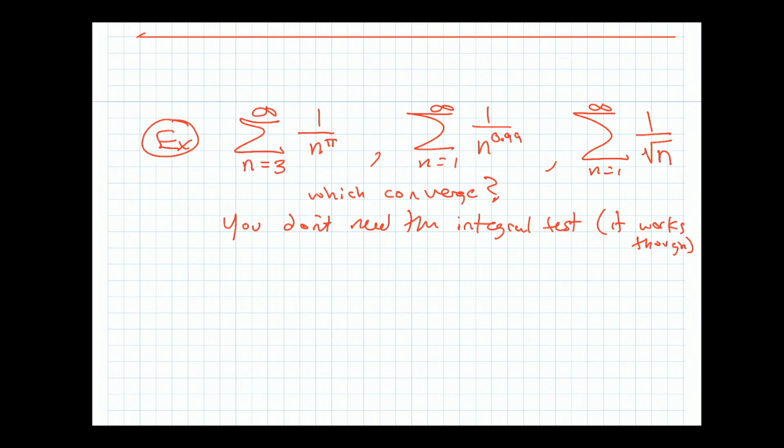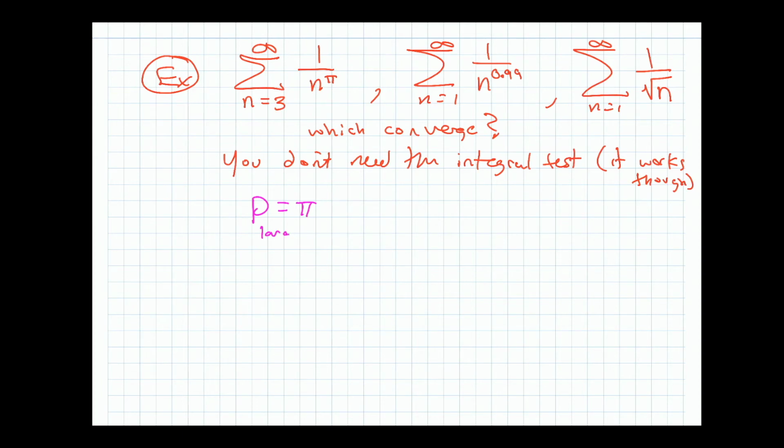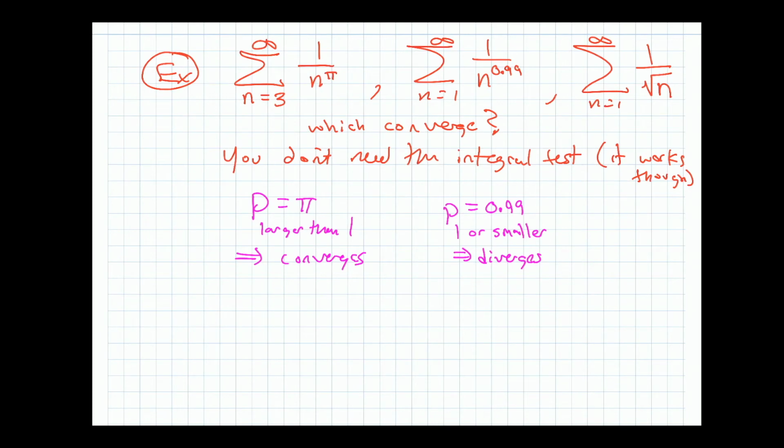On the first one, P equals pi. That's larger than 1, so it converges. Easy. The next one, P is 0.99. That's smaller than 1, and 1 is the cutoff point, so it diverges. What about the last one? It's a square root, and a square root is a power of 1/2.